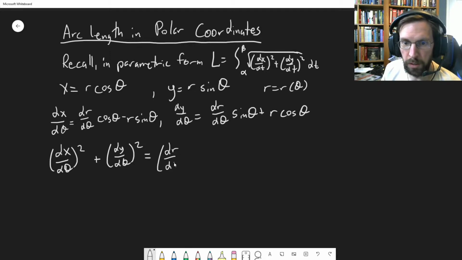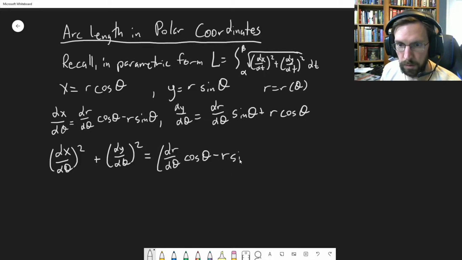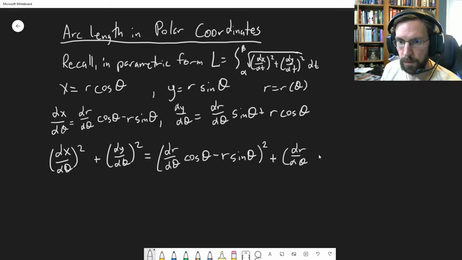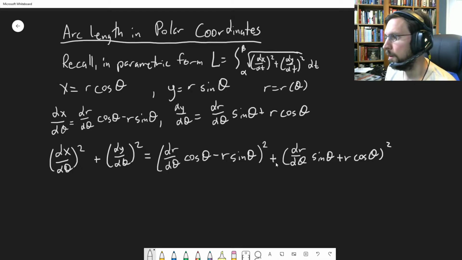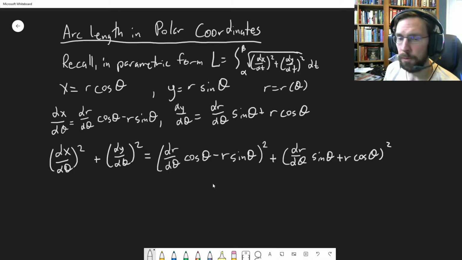Okay, so (dr/d theta cosine theta minus r sine theta) squared plus (dr/d theta sine theta plus r cosine theta) squared. We're going to have to FOIL everything out.